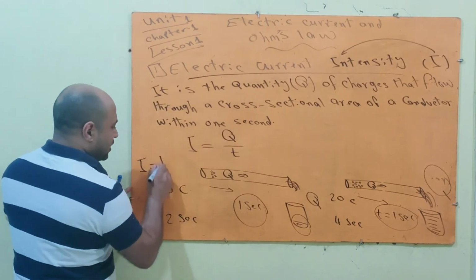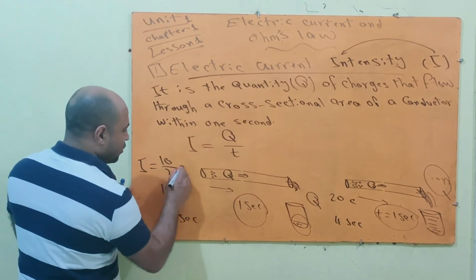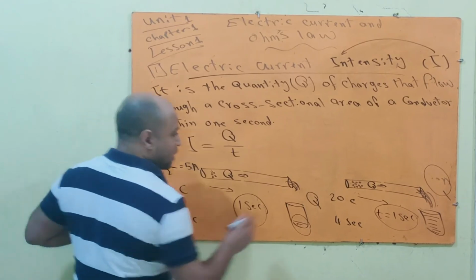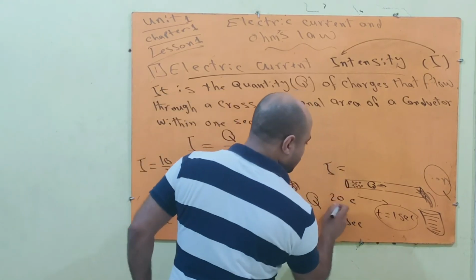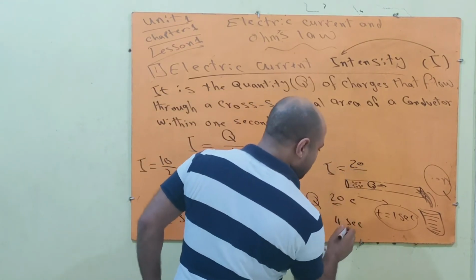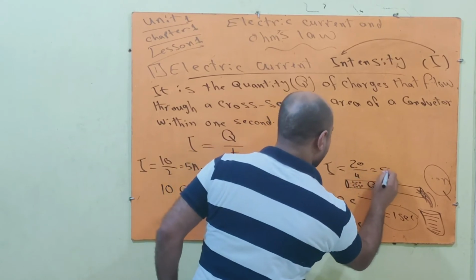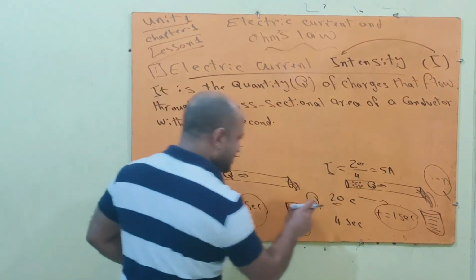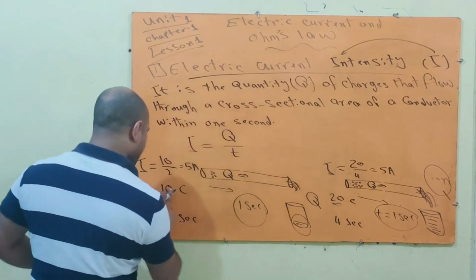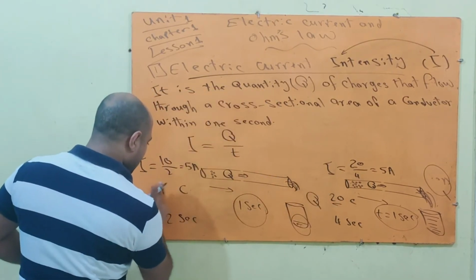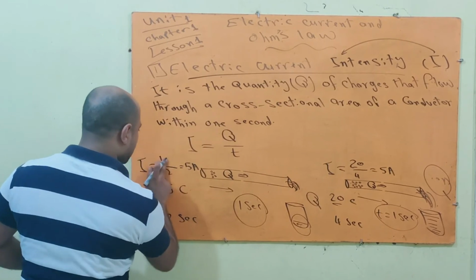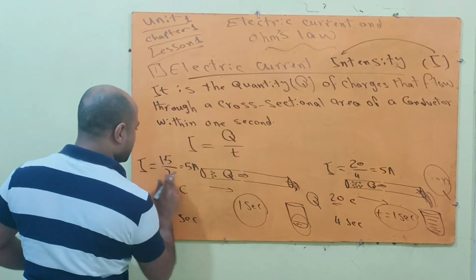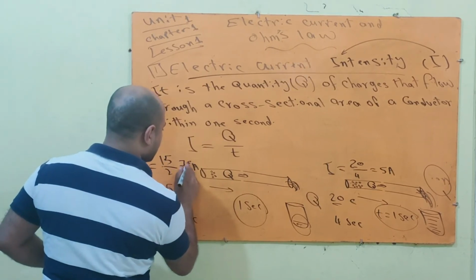Q 10 over time 2 equals 5 ampere. In this case, I equals Q 20 over time 4 equals 5 ampere. 5 and 5. Let's change it here, make this 15 rather than 10. 15 over 2 is 7.5.